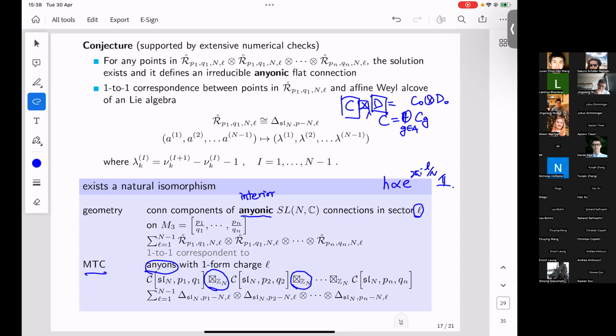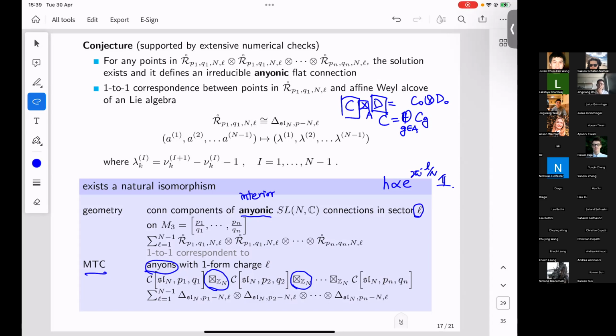Sorry, does it mean that basically you are considering anion condensation also? Say you start from some MTC with all components and then you forget some of them.